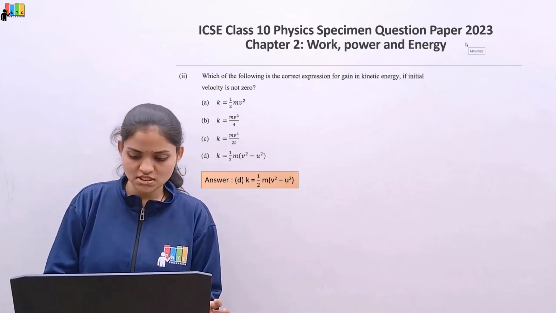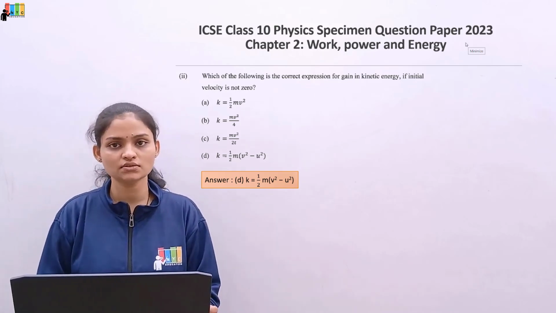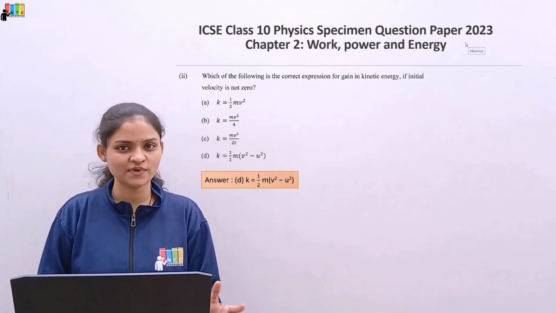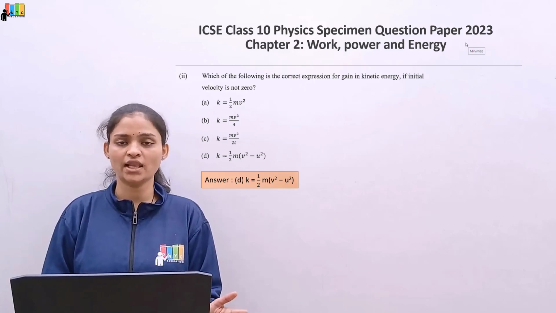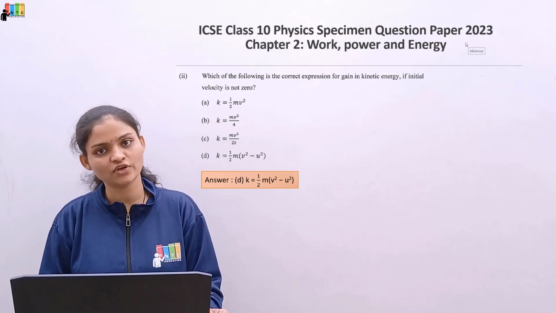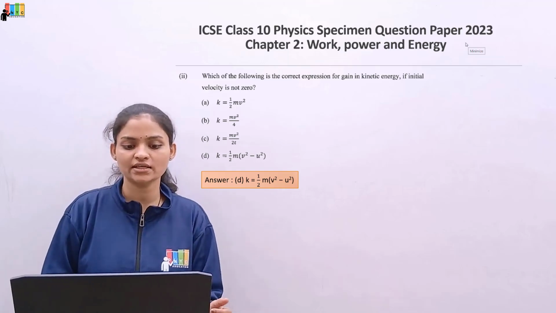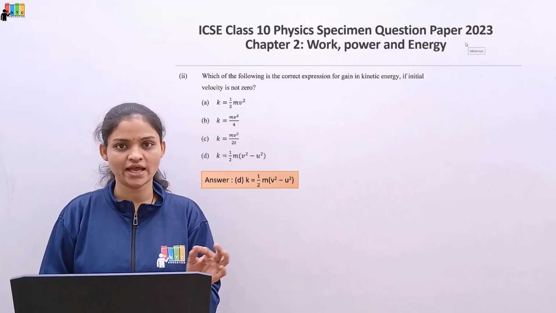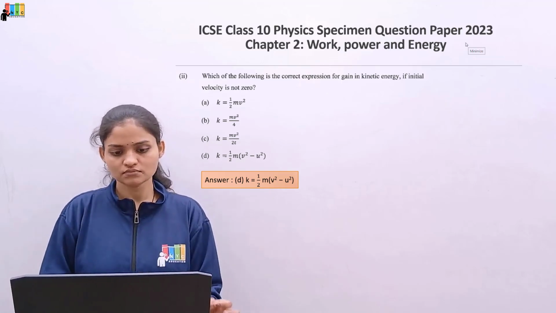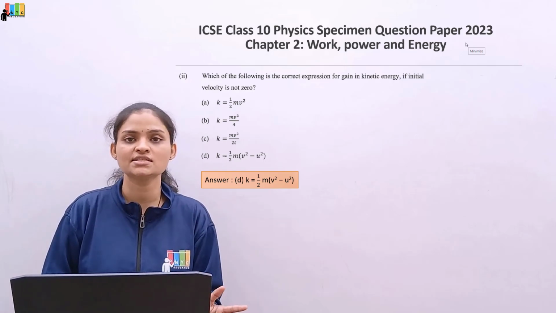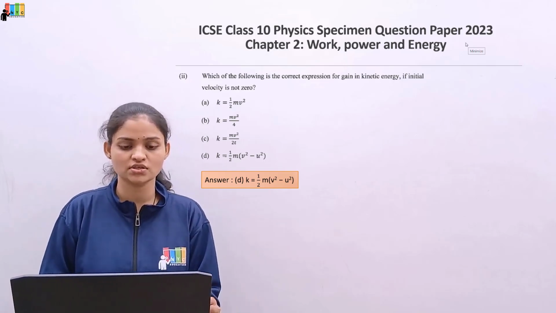So first you must know the meanings of these symbols. You must be aware that small m stands for mass and v stands for velocity. Now you can see that there are two velocities, one is u and the other is v. u is taken as initial velocity and v is taken as final velocity.